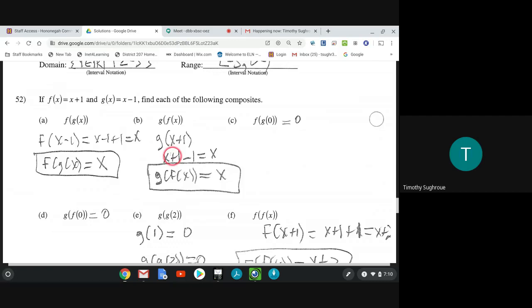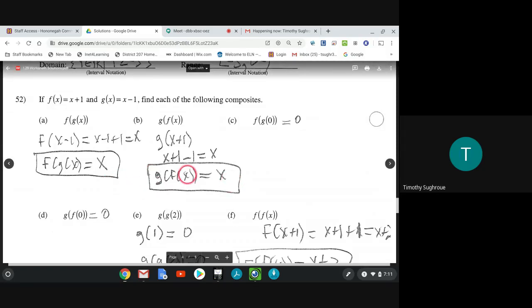This is the input now. When I subtract 1 from it, the 1's cancel, and I get x. Remember, if f of g of x equals g of f of x equals x, if they both equal x in either order, that means these are inverse functions. We're going to find that out actually in the next lesson, I should say.